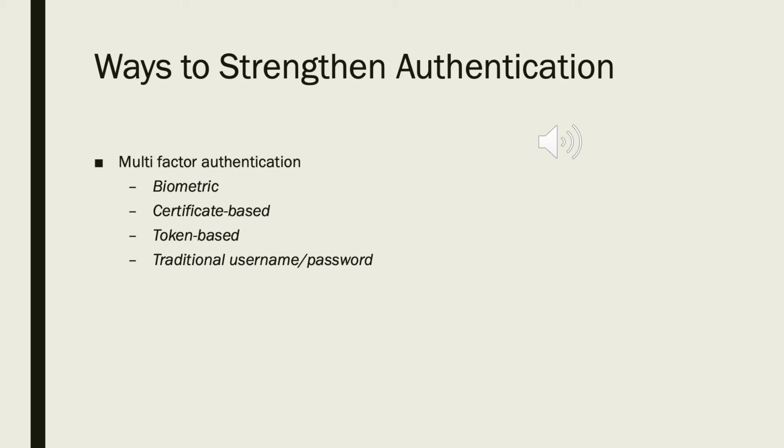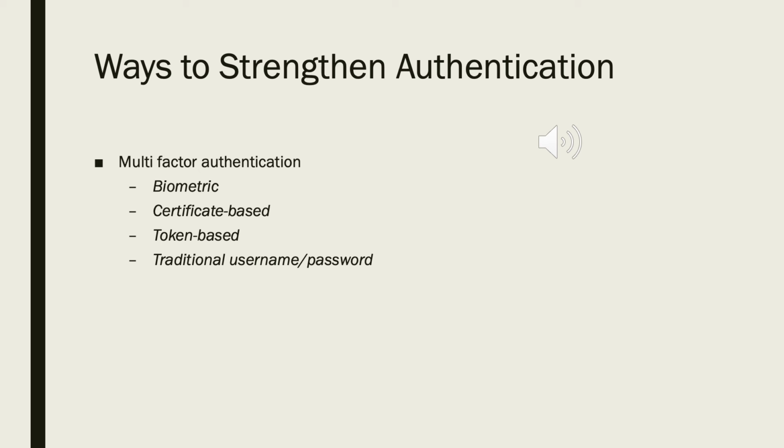Following that, we have our certificate-based authentication, which is kind of a new one. With certificate-based authentication, you basically are using a digital certificate to identify either yourself, your machine, or your device. You have to identify yourself in order to gain access to a resource, a network, or an application.